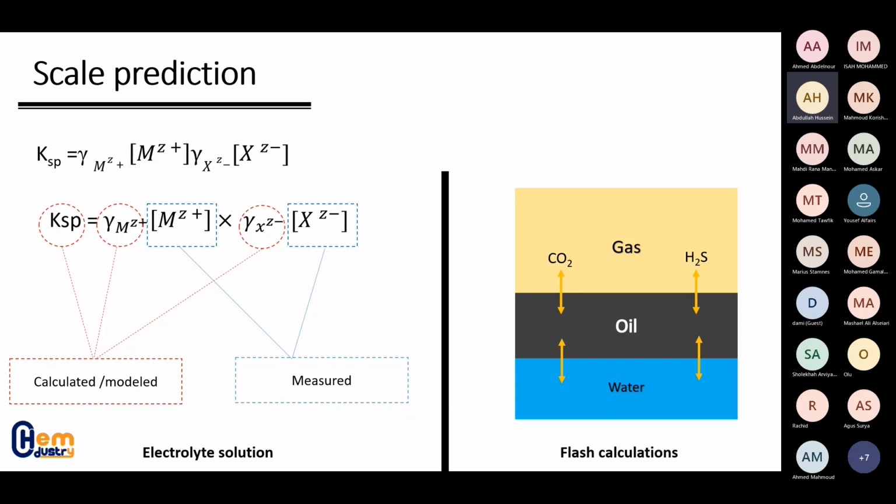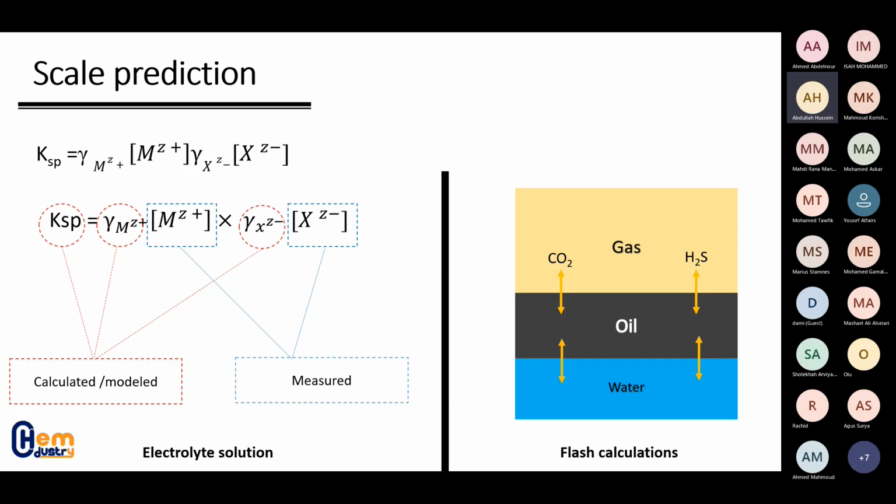The second one, these ionic activity coefficients and the KSP values that we have right now are theoretically just measured at very low temperatures, pressures, and ionic strength. So we have to model these and calculate their values at very high temperature, pressure, and ionic strength. So that's the first problem.